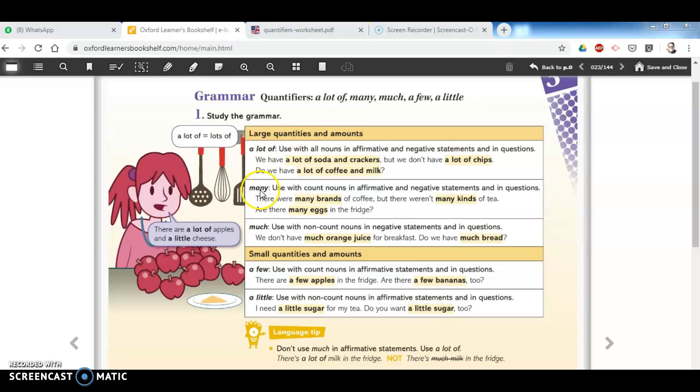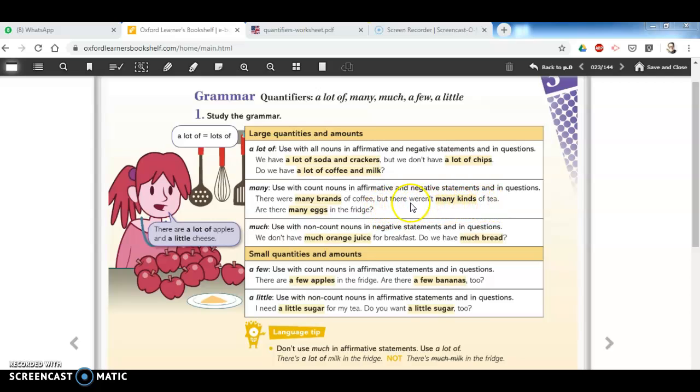Now, if we're talking about a large quantity, we have many and much. When are we going to use many? We're going to use many when we are talking about something in plural. For example, there were many brands of coffee. Habían muchas marcas de café. But there weren't many kinds of tea.